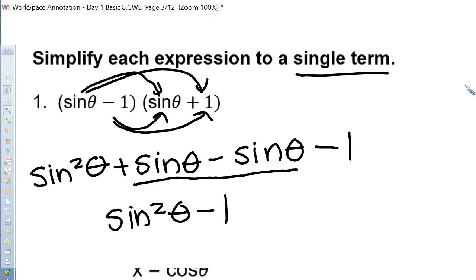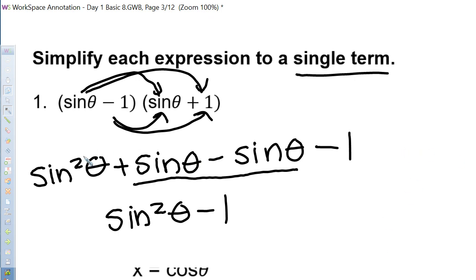Now, the only thing I want to have is sine squared minus 1. So here it is right here. So how do I get rid of the plus cosine squared? Subtract cosine squared to both sides. So that gives us sine squared minus 1 equals negative cosine squared.